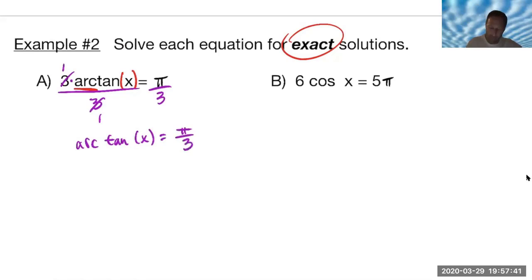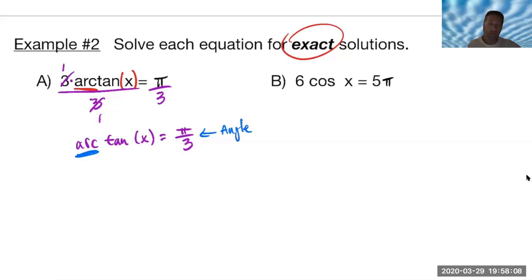Now, if you remember on previous videos, I told you guys whenever you're asked to find an inverse, you're going to be asked to find an angle, which is why, since this says arc, we are given an angle here. But our goal is to solve this equation for the unknown, the variable, the x. So how do we get rid of arc tangent?